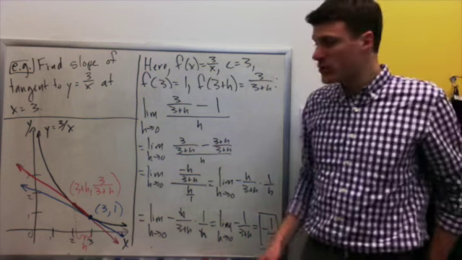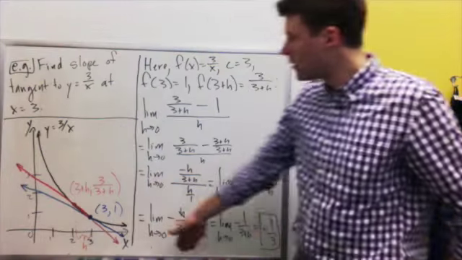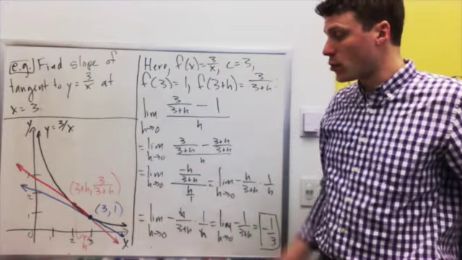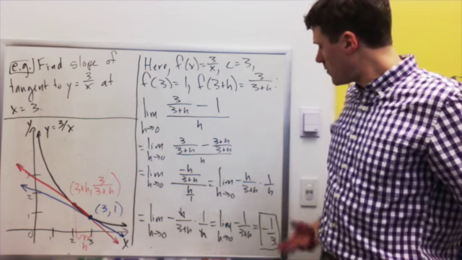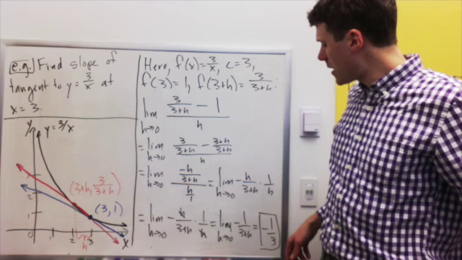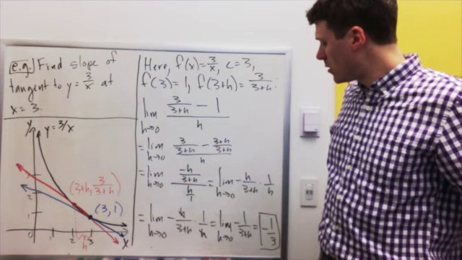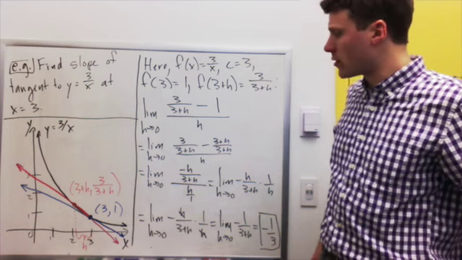Does that make sense? Well, our secant line looks like it has a negative slope. Good. That's correct. Also, this means that if y goes down 1, x goes over 3.